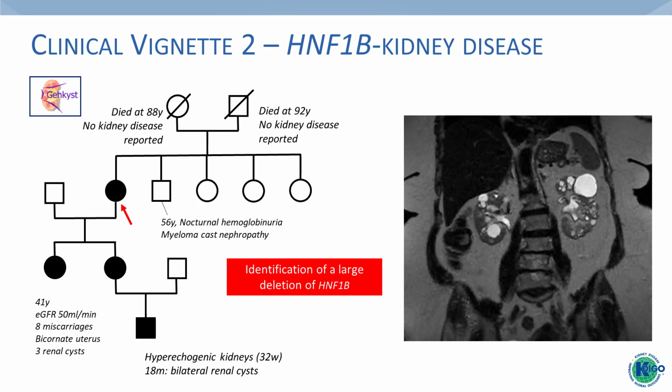So this association of diabetes and bilateral kidney cysts was suggestive of HNF1 beta disease, and indeed a large deletion of HNF1 beta was identified, leading to further familial study and the diagnosis in her two daughters, with a very typical history of recurring miscarriage due to a bicornuate uterus in one of her daughters, and also a story of hyperechogenic kidneys that were identified prenatally in her grandson.